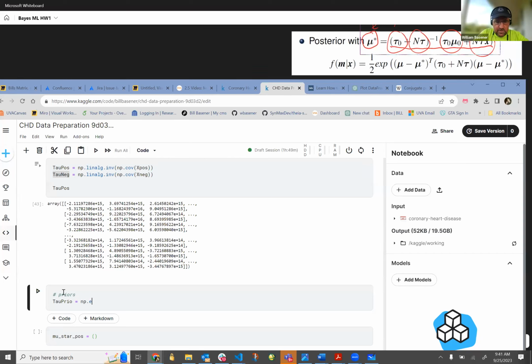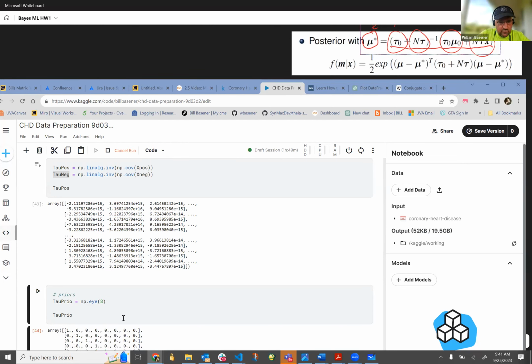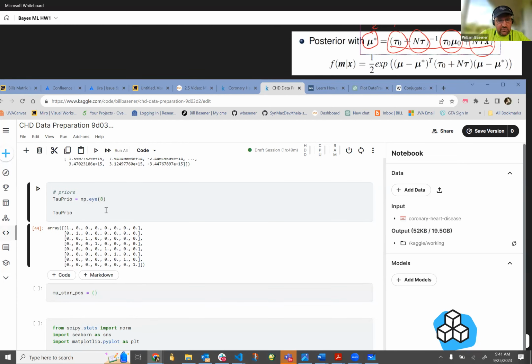So that would be np for NumPy, and then I think the identity matrix is this. And if I'm wrong, we'll go look it up. Nope, that's good, I guessed right. So that's what tau naught is. It's the identity matrix of dimension 8, zeros in all the off diagonals, ones down the diagonal.